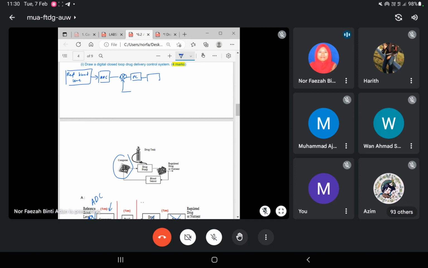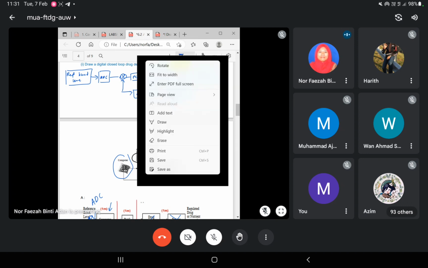And then you ada DAC. And then goes to your pump. And then regulated drugs. Then go to your feedback sensor, which is blood sensor. And here is ADC. Okay. So you ada two.